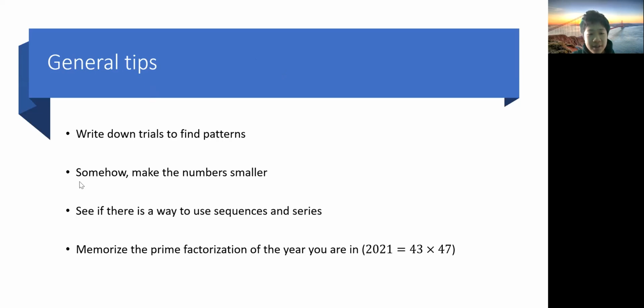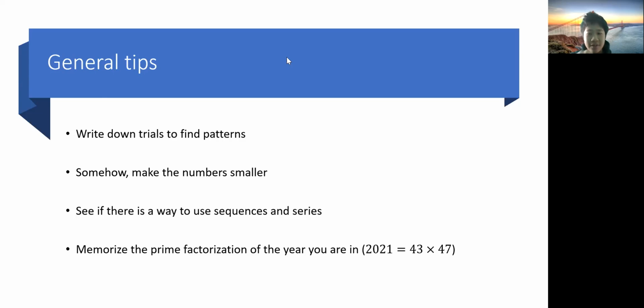That leads me to the second point, which is to somehow make the numbers smaller. You're going to deal with really big numbers here, and you're going to have to reason out what property of this really large number is similar to a smaller number, and is that smaller number easier to find? Then there's this really tricky one, which is to see if there's a way to use sequences and series.